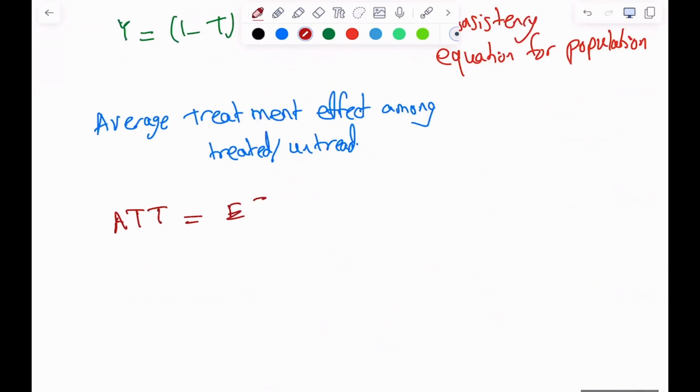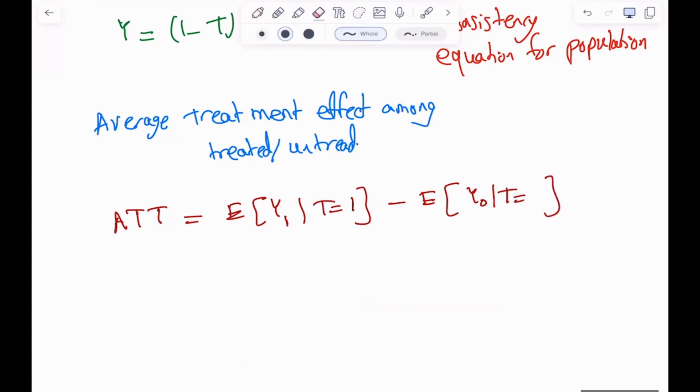It means the expected value of potential outcome for treated, for those that actually receive the treatment, minus potential outcome for those people that did not get the treatment, among those that received the treatment. But remember, potential outcome exists before the treatment starts. We get to the identifiability condition, and you'll see why they are even meaningful. So this is the average treatment effect among the people that are treated.